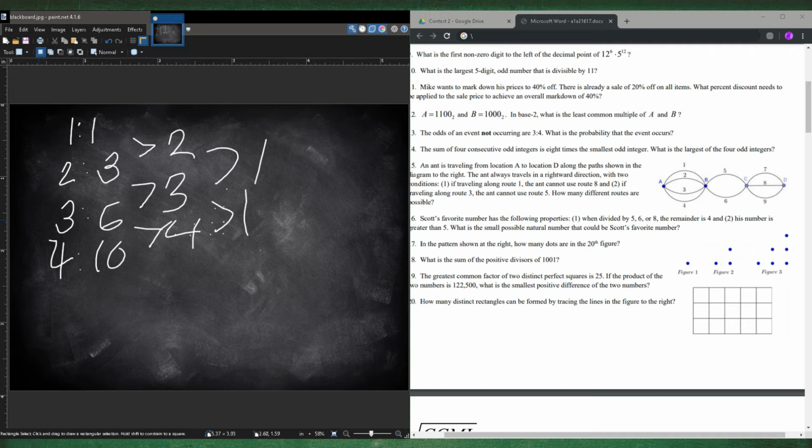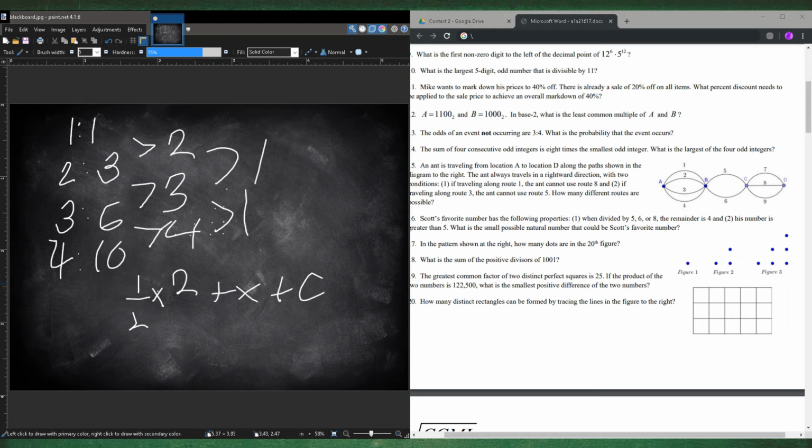Since the second difference for the quadratic is 1, it's telling me that the quadratic coefficient is 1/2. So I put 1/2, and then x squared, right?